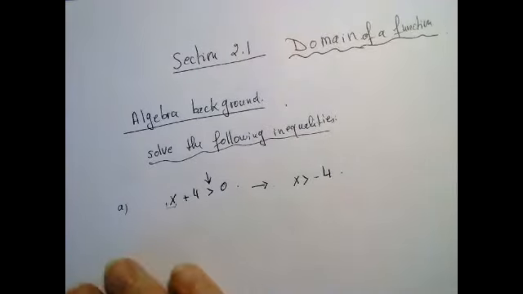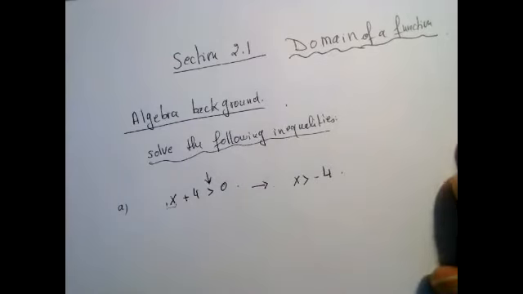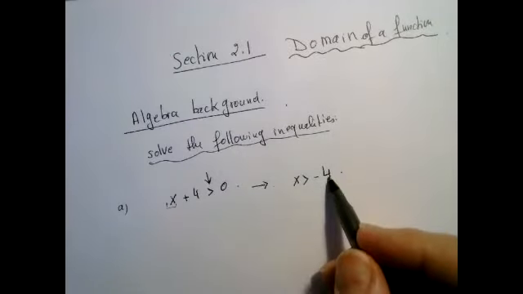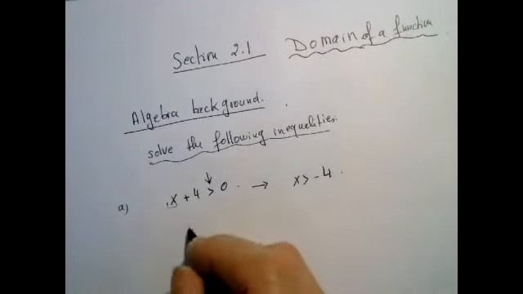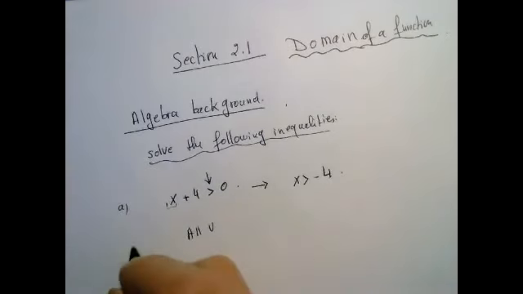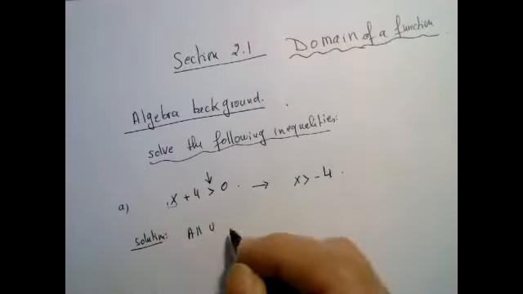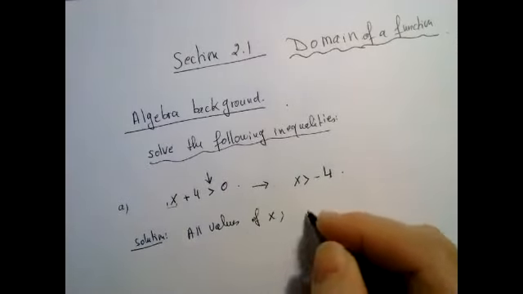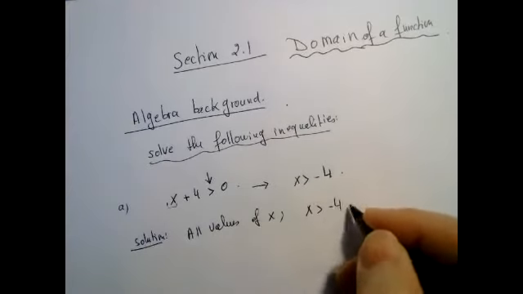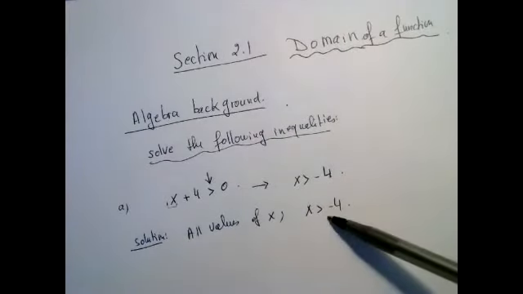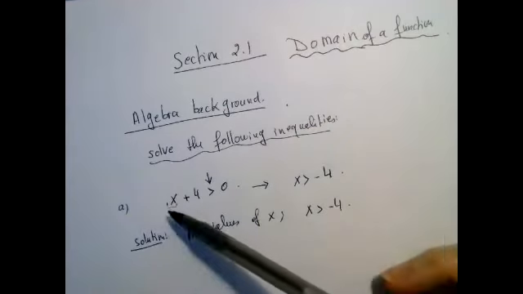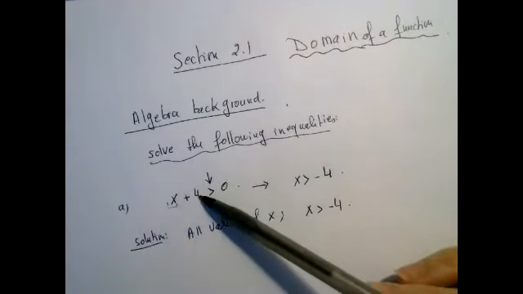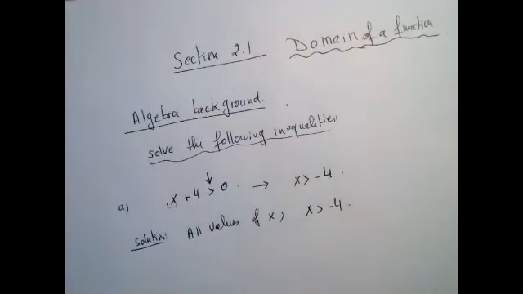It means every x bigger than minus 4. So the solution is all values of x such that x is larger than minus 4. You give me anything bigger than minus 4, for example minus 3.9, plug it in here, add 4 to it, I get a positive number.